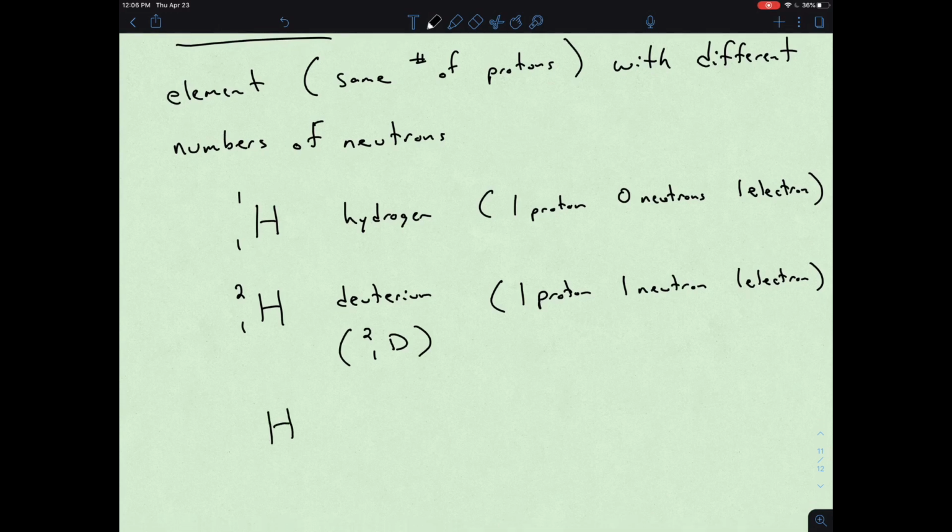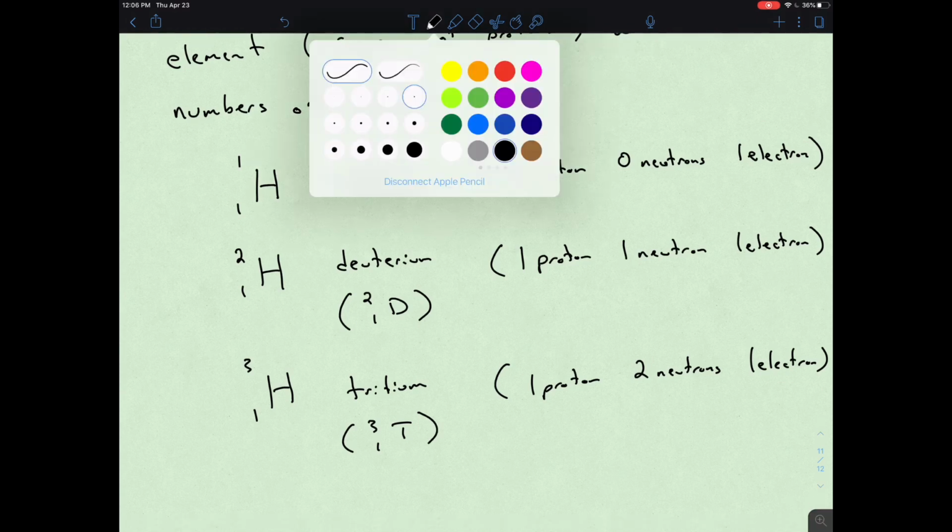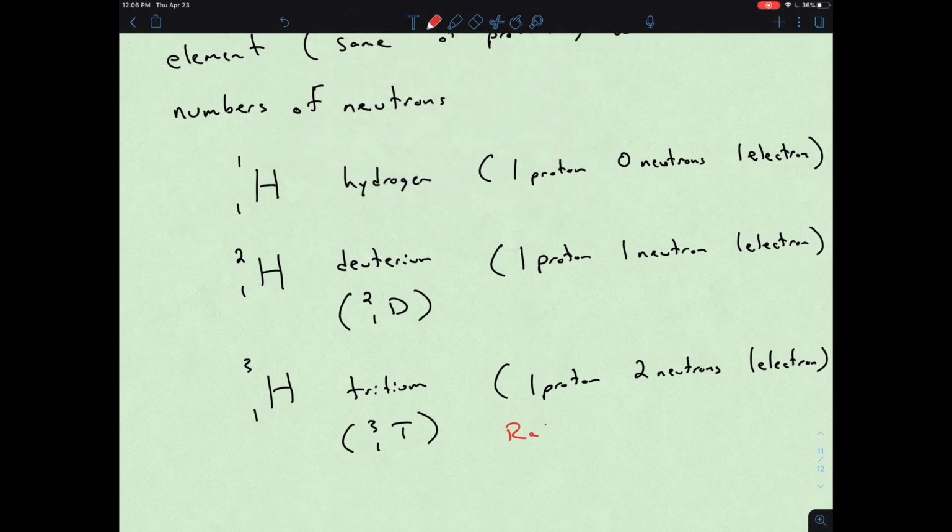And then we get to the third form of hydrogen, where we still have that one proton that's identifying it as hydrogen, but now we have two neutrons and still one electron because it's neutral. This is known as tritium. And so it often has the T as its symbol. Tritium is radioactive.